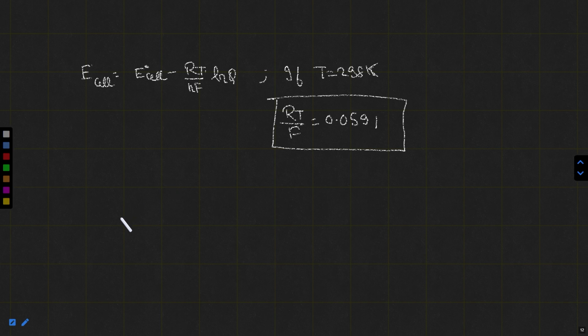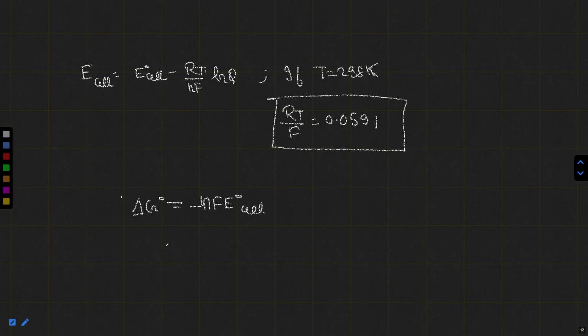Now moving on, we have seen the thermodynamic aspect starting with Gibbs free energy, which says that delta G naught, or delta G, is equal to minus nFE naught. So this is also a very important equation, right?